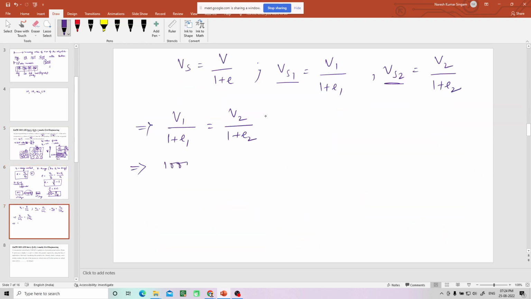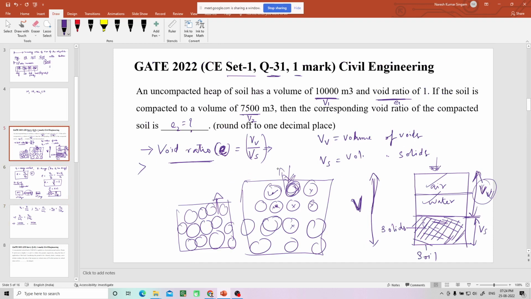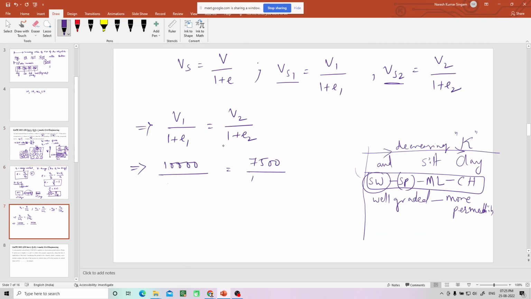10,000 over 1 plus E1, where E1 is 1, so 1 plus 1. And 7,500 over 1 plus E2. Here E2 is to be found out. Can one of you tell me, this is 100 by 2 is 50, equal to 75 by 1 plus E2.